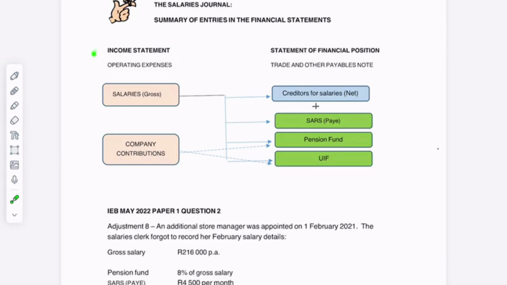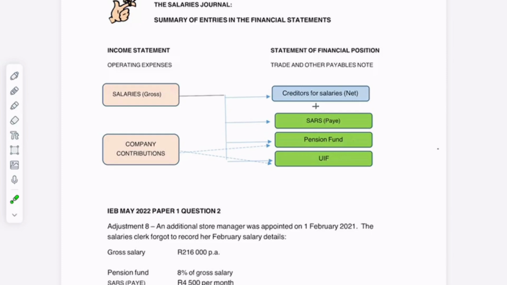We've got the income statement, and of course, because salaries is an expense, it's going to be included under operating expenses. In our statement of financial position, we're going to have several entries under the trade and other payables note. And the examiners just love this trade and other payables note because there are so many transactions that can be included in it.